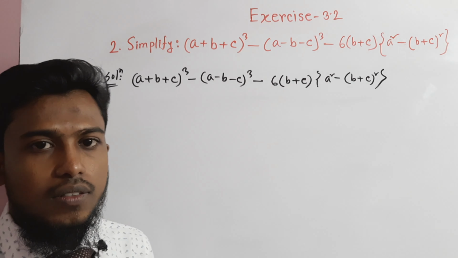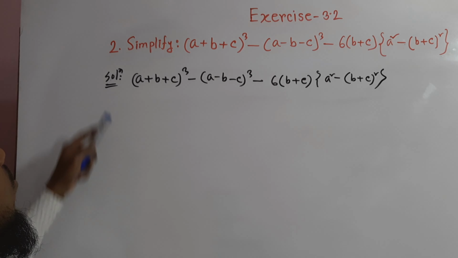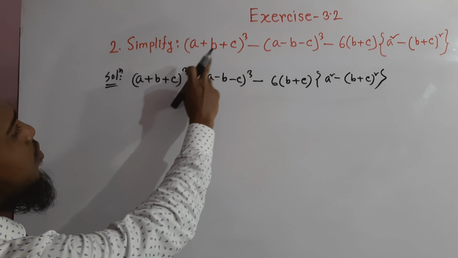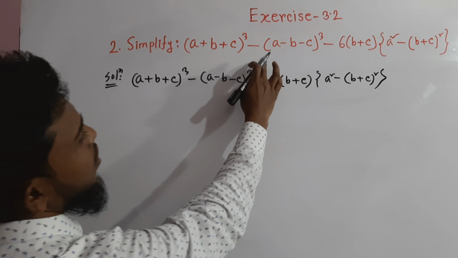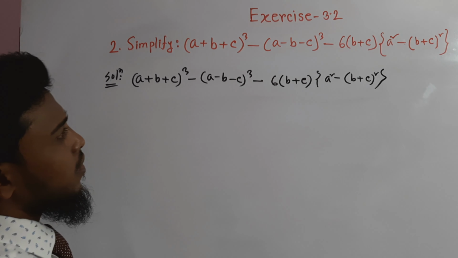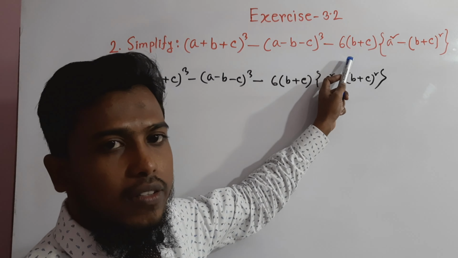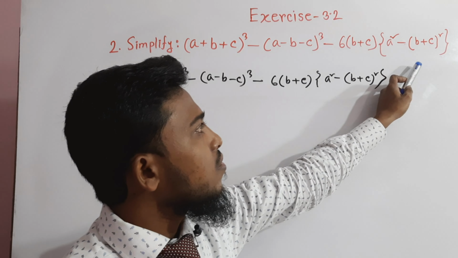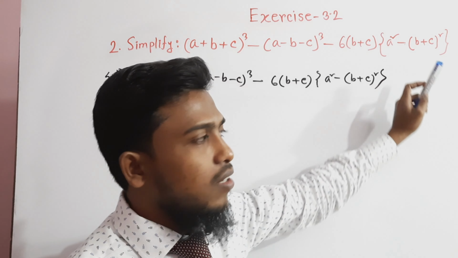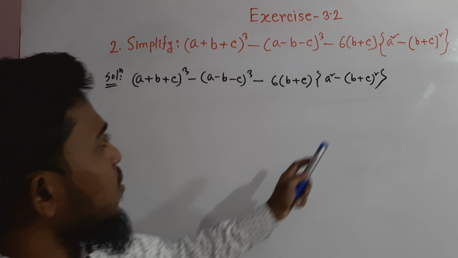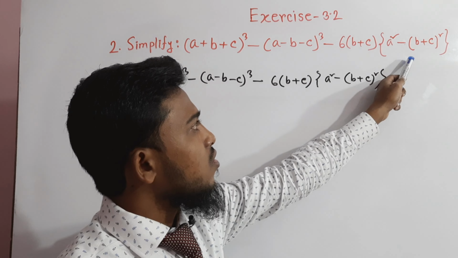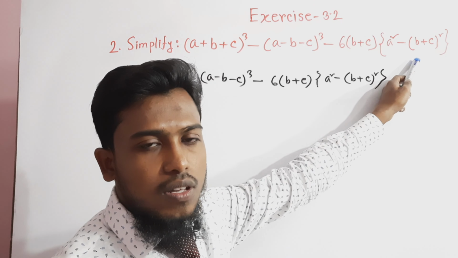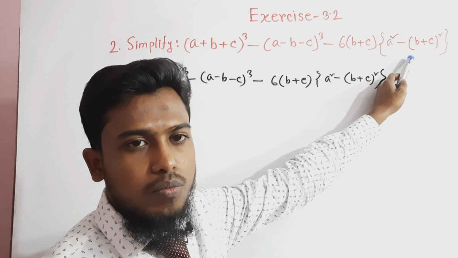My dear student, this is our problem number 2. Simplify (a plus b plus c) whole cube minus (a minus b minus c) whole cube minus 6 into (b plus c) into (a square minus (b plus c) whole square). Look, a square minus (b plus c) whole square is the format of a square minus b square.